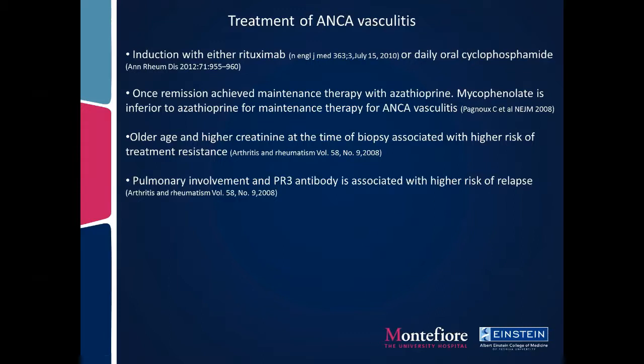Because of the severe side effects associated with cyclophosphamide, especially if it's a young woman, risk of fertility, malignancy, the risk of worsening infections, rituximab has a better side effect profile compared to cyclophosphamide. So that has almost become like the first line treatment. But know that both rituximab and cyclophosphamide, as far as effectiveness-wise, are equal for induction of remission.